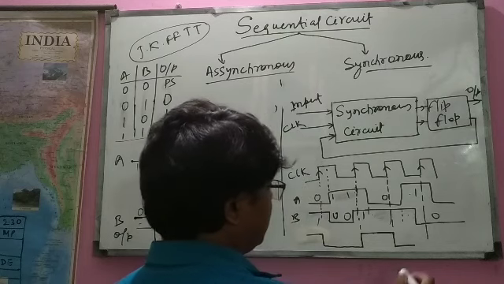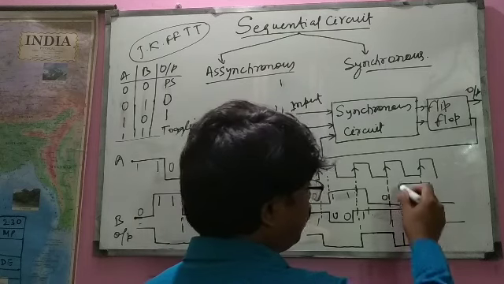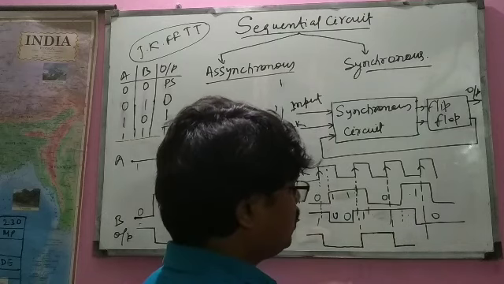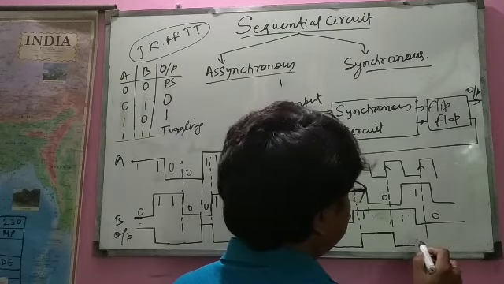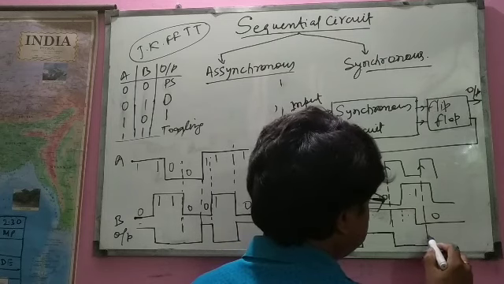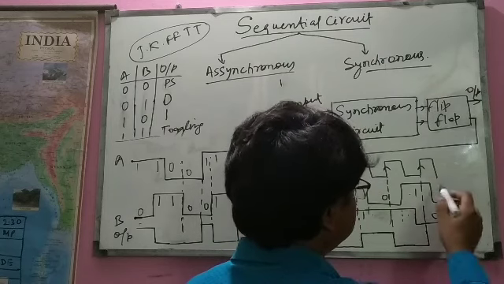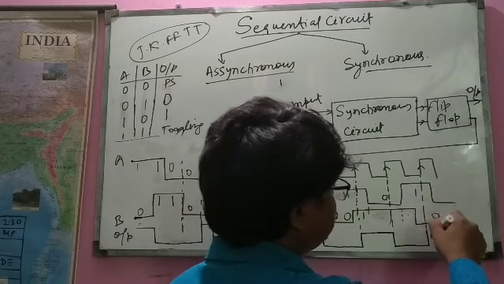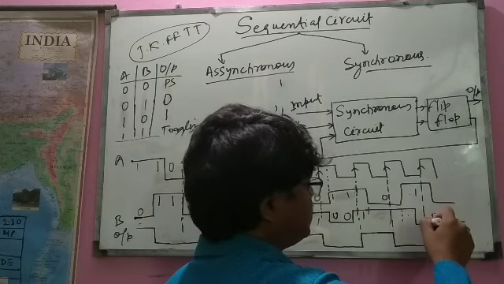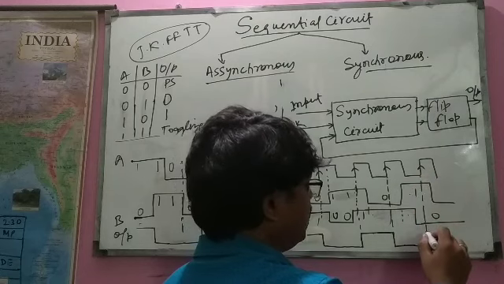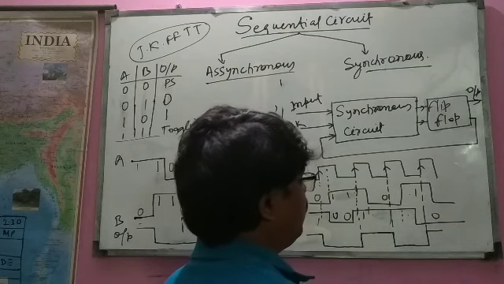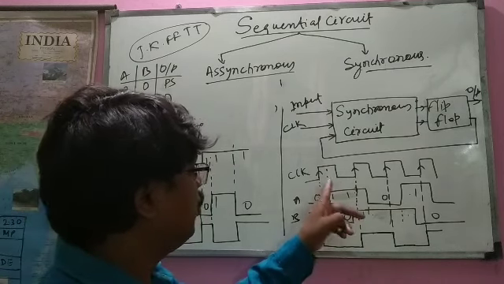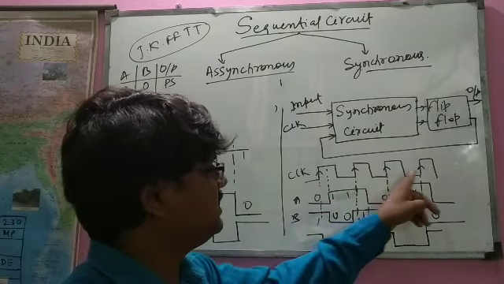In this circuit, toggling condition would be there, but it will not change because it will change only at the clock pulse edge. So here it is C. Output change is possible here only. So it is 0 and it is 1. So 1 0 it will go up. Okay, so see, its output is changing only at the edge.